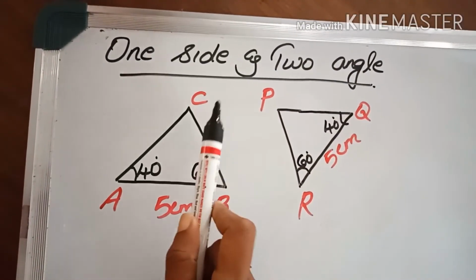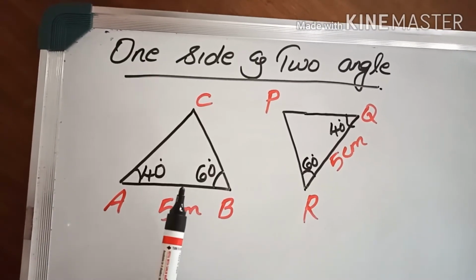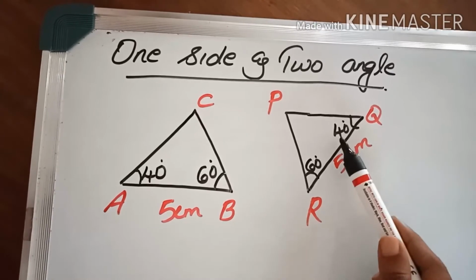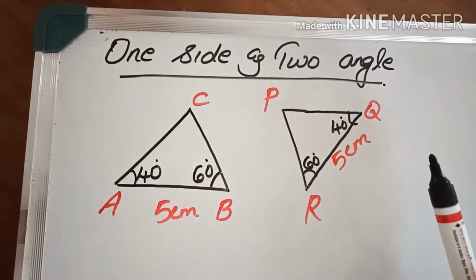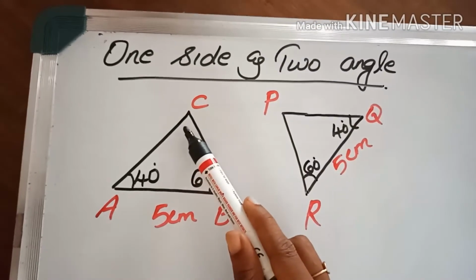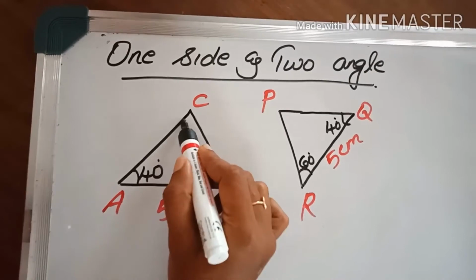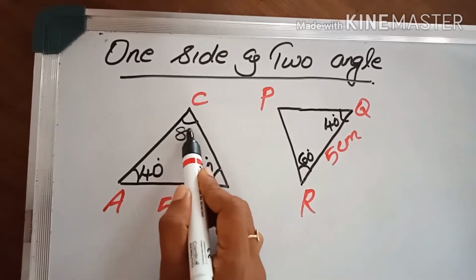That means if one side and the two angles at its ends are the same as the second triangle's one side and angles at the two ends, then the two triangles will be equal triangles, and the third angle will also be the same. Because two angles are the same, what will the third angle be? 40, 60, then it will be 80 degree.